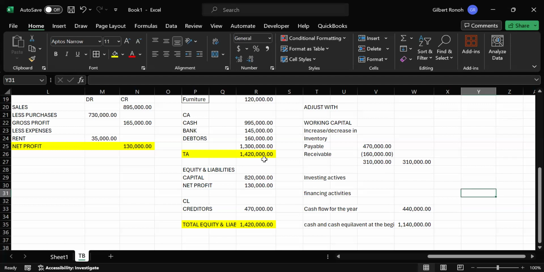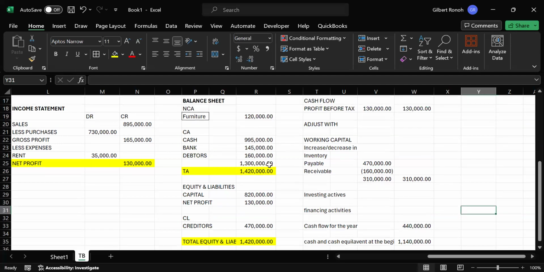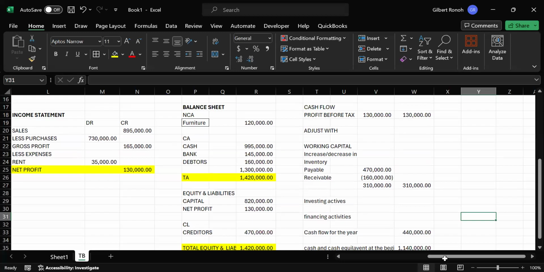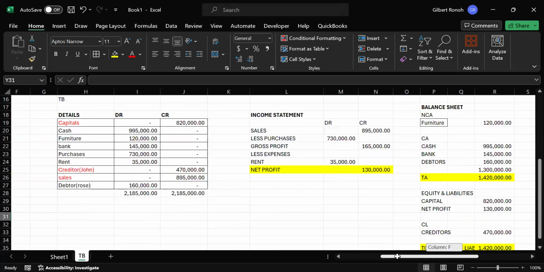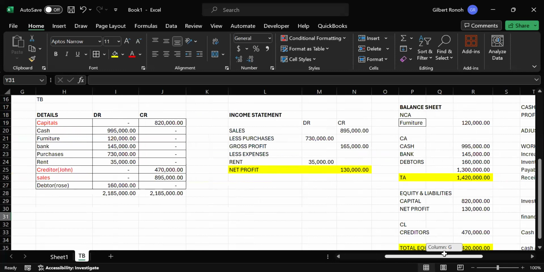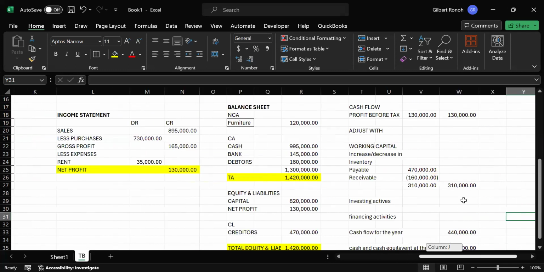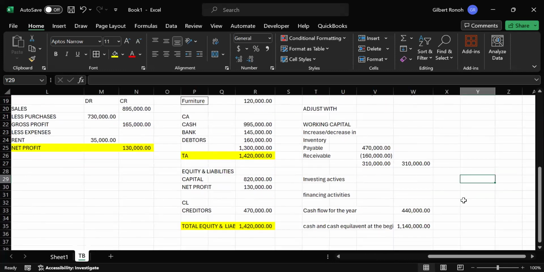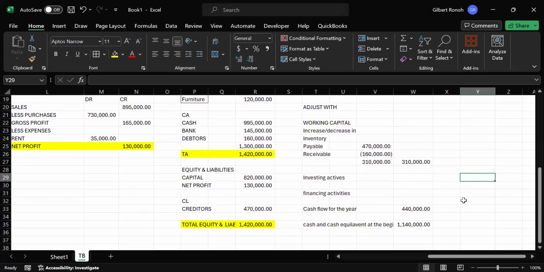Yes. The general ledger in the beginning, for the question, this person started his business at 640. Yeah, it started at 640.